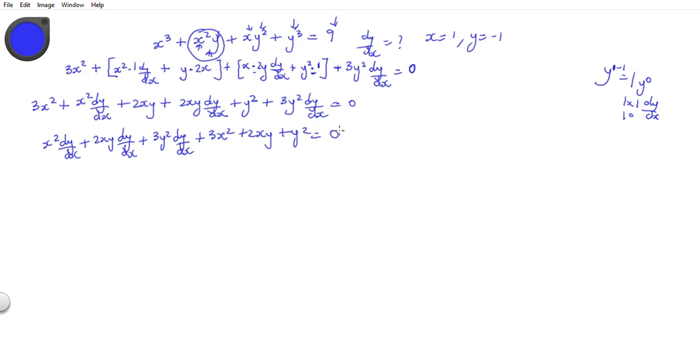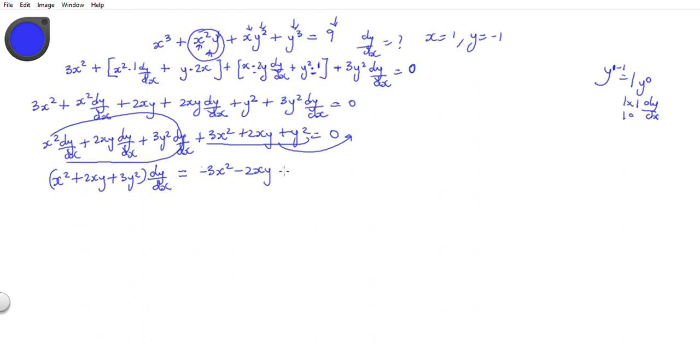So we have x squared plus 2xy plus 3y squared times dy/dx equals minus 3x squared minus 2xy minus y squared. Making dy/dx the subject becomes minus 3x squared minus 2xy minus y squared divided by x squared plus 2xy plus 3y squared.